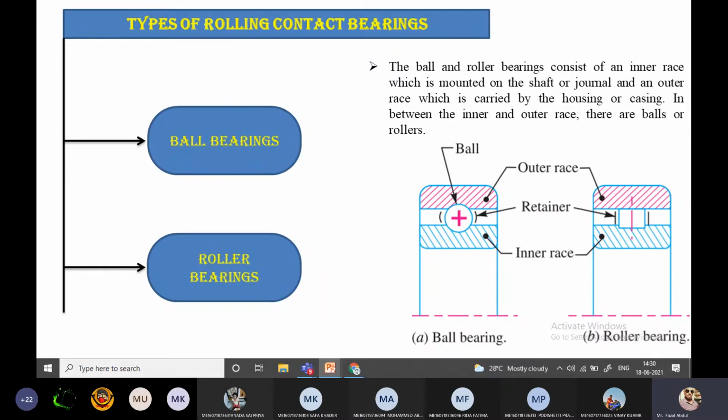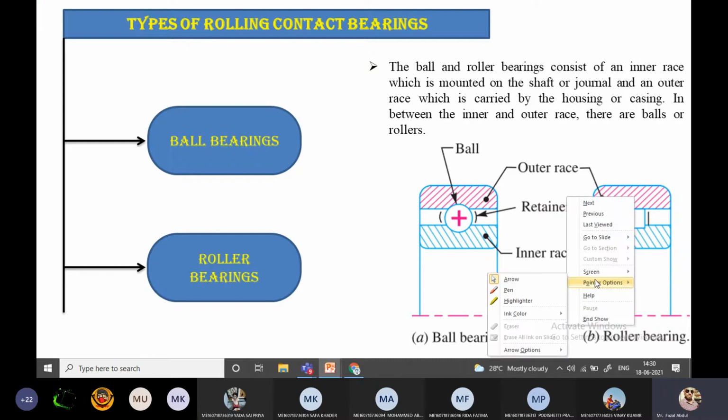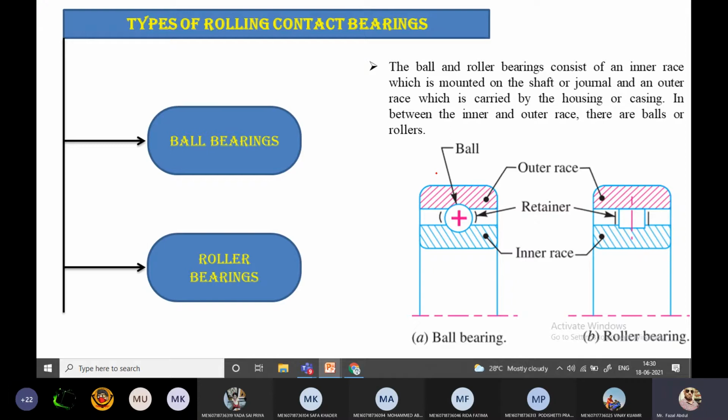So here the ball or roller bearing consists of an inner recess which is going to be mounted on a shaft. This is the roller, this is the ball. This ball or roller bearing consists of an inner recess or inner surface.